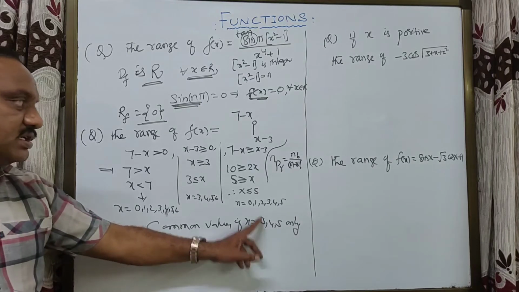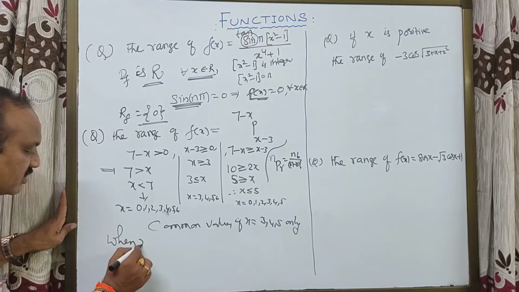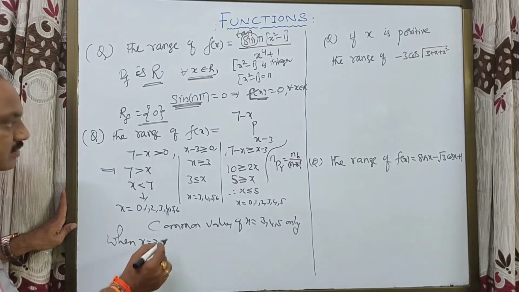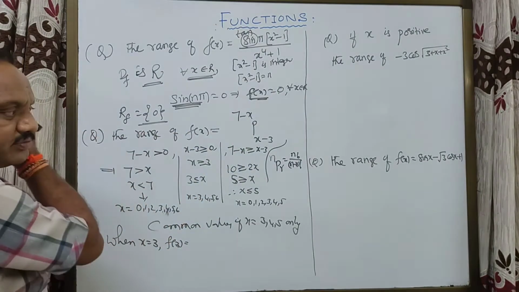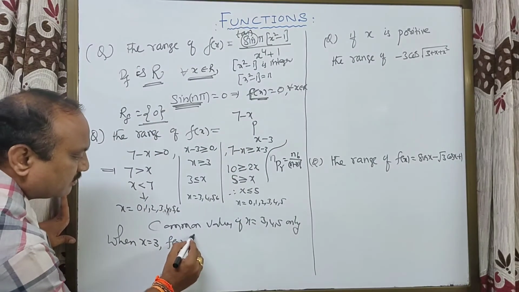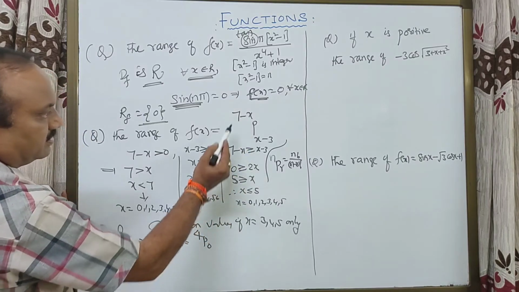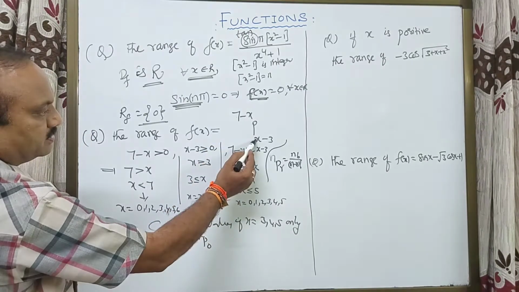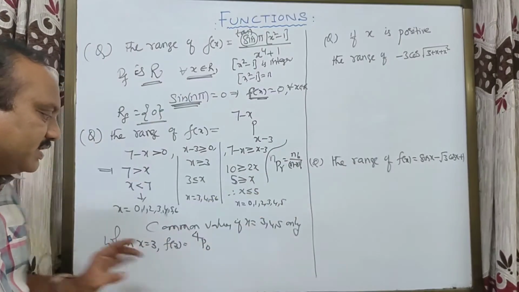When x equals 3, f of 3 equals, substituting x equal to 3, 4P0, since 7 minus 3 is 4 and 3 minus 3 is 0. According to the formula, this value becomes 1.